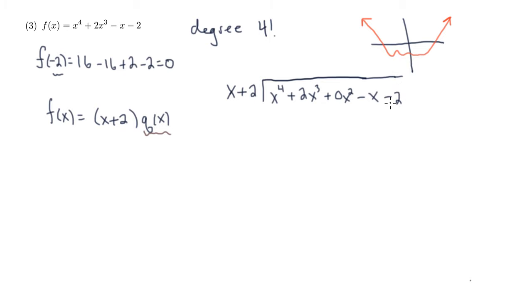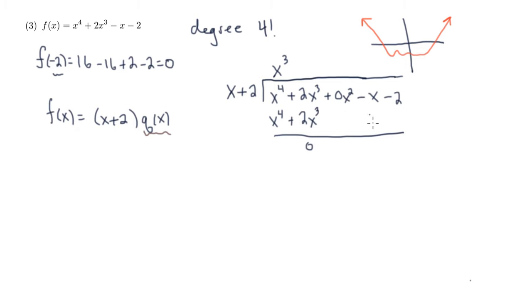Okay, so how does this work? Well, x plus 2 goes into x to the 4th, x cubed times. And so then I can multiply this out. I have x to the 4th plus 2x cubed, and then nothing else, and then I'll subtract. So I'll just get 0.